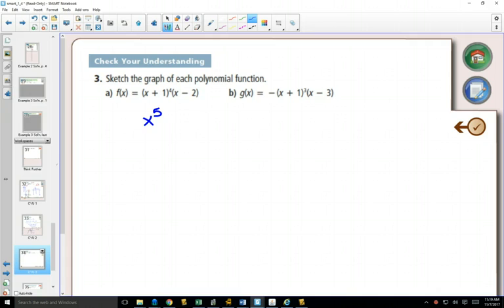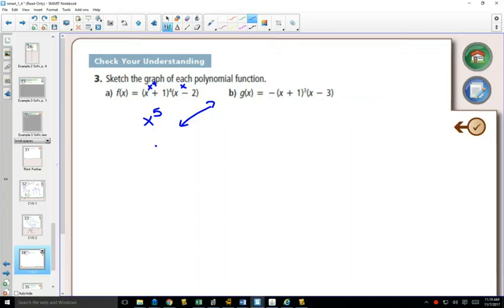And it's going to be positive because if you looked at all of the x's, here you're going to get a positive x to the 4, and here you get a positive x, and when you multiply those together, you will get a positive x to the 5. So we know the end behavior acts like a line.